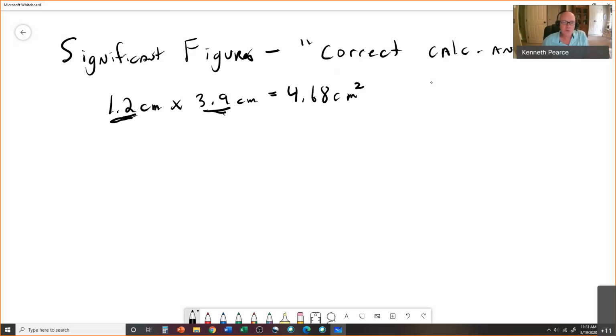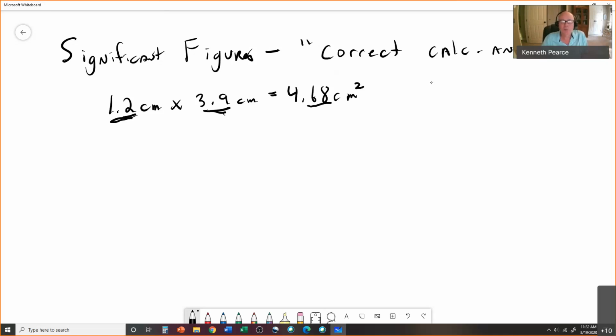With my ruler, the best I could do was out to 1 decimal place, but I got 2 digits of information there. But now you're going to tell me that I can have 2 more decimals over here, and that's just not physically real. Trust me, you just can't add extra information.